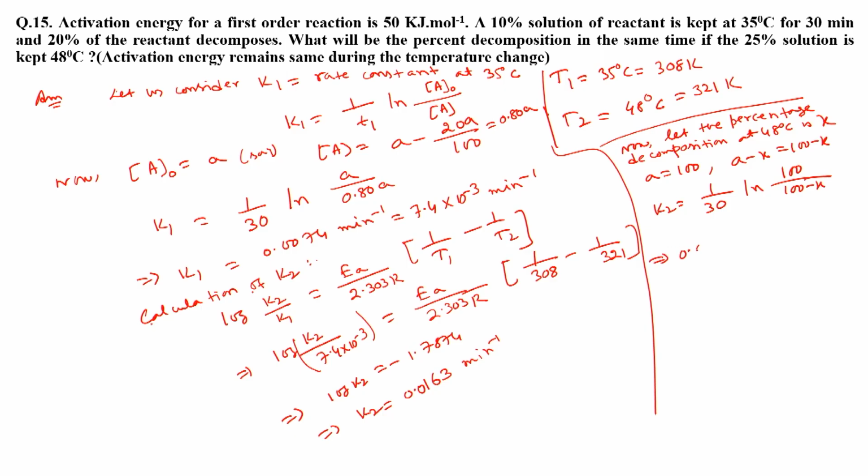So 0.0163 is 1 by 30 ln 100 by 100 minus X. So ln 100 by 100 minus X is 0.489, so 100 by 100 minus X is 1.63.